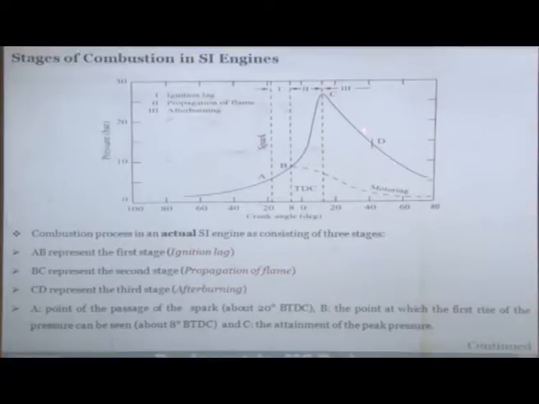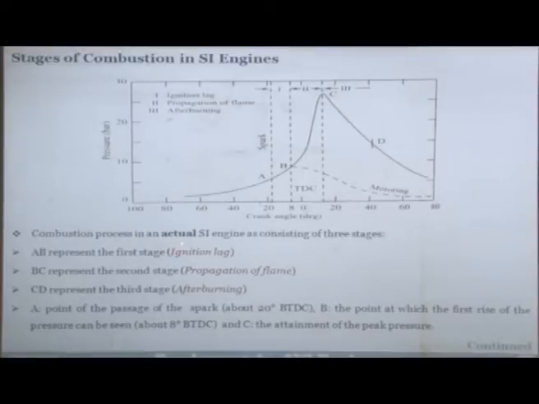This sliding down is called the third phase, which is called after burning. Your volume of the cylinder is now increasing. So, there will be some heat release, but that heat release really does not contribute anything to the useful power output, because now your volume is going up and your pressure is going down.